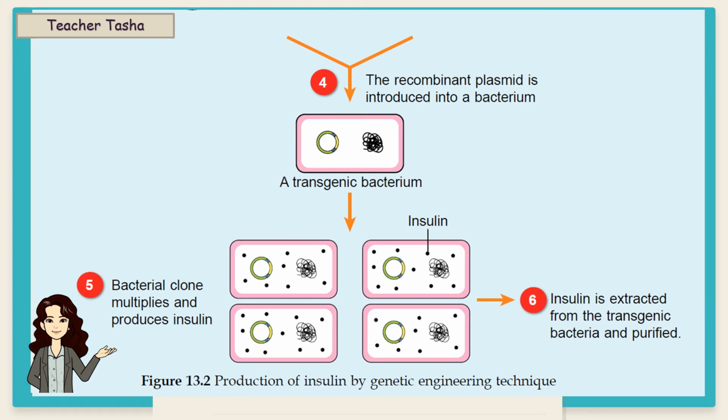Then we can culture and reproduce the bacterial cells containing the recombinant DNA plasmid in a fermenter to produce human insulin. We can also extract the insulin produced by the bacterial cells in the culture and then purify it. Insulin is used to treat diabetic patients.